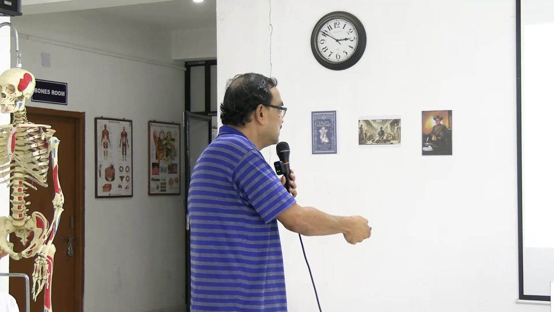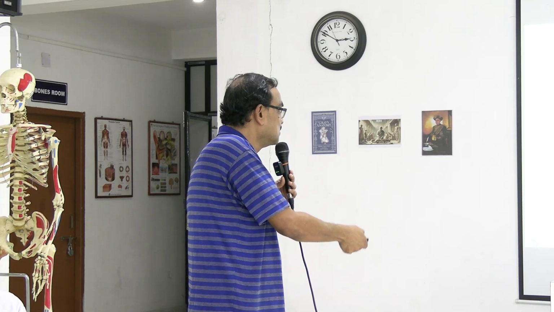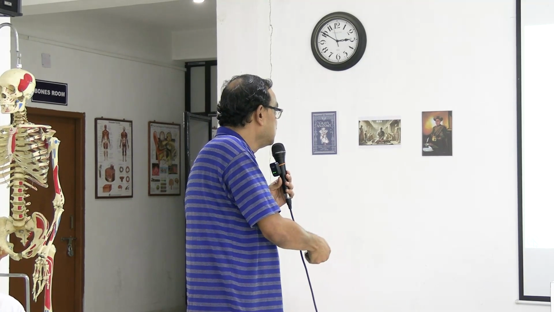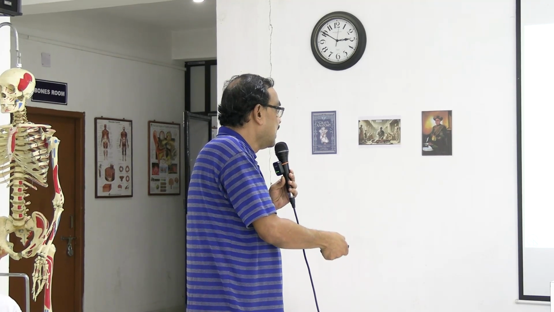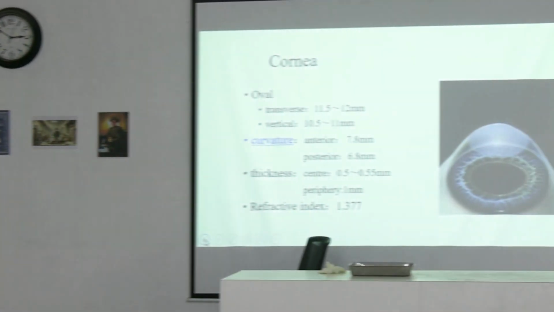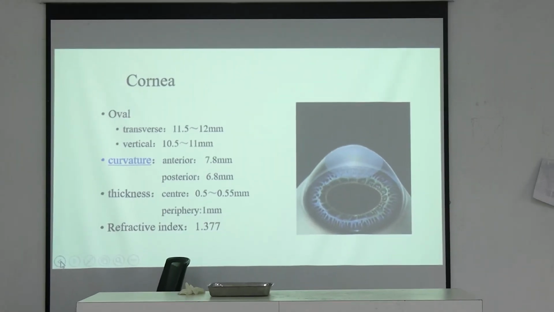Similarly, the power of the lens is 20 diopter, and the rest is provided by the cornea, aqueous humor, and so on. So mostly this area provides it, this refractive index is very high, and it is being contributed by the cornea.